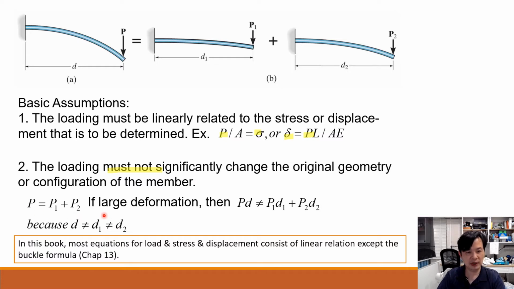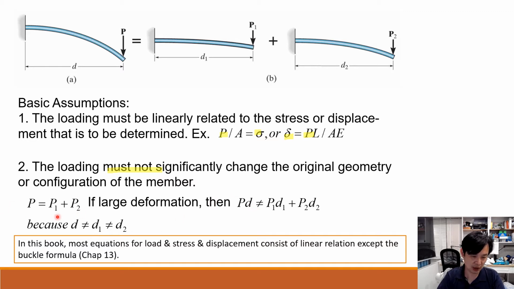But if the deformation of the beam, in these three cases, becomes pretty large, then you can imagine that the bending arm D won't be the same as D1 or D2. Okay? Then if that isn't satisfied, your moment won't be balanced, which means P1 D1 plus P2 D2, because their bending arms are quite different, cannot be the same as PD.